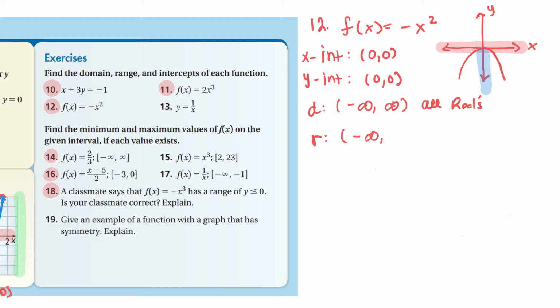And what is the highest y value? In this case, it's 0. Now, if you wanted to use inequalities to describe this, what is the variable that you use to describe the range? It would be the y value, right? So it's all the numbers less than or equal to 0.